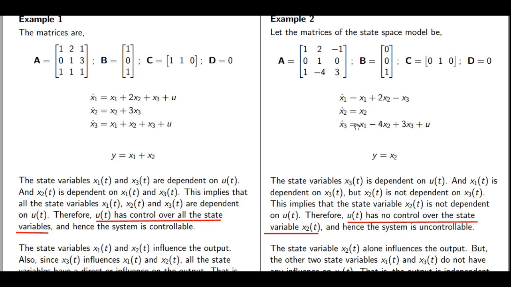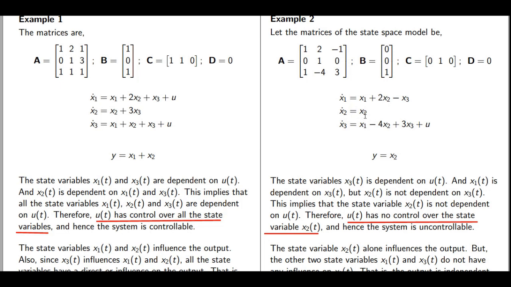But at the same time, neither x1 nor x3 appears in the x2 dot equation. Therefore, x2 is isolated, and you will not have any control on the variable x2, because x2 depends on x2 alone. So the controllability is a question, because you will not have any hold or any control on the variable x2.